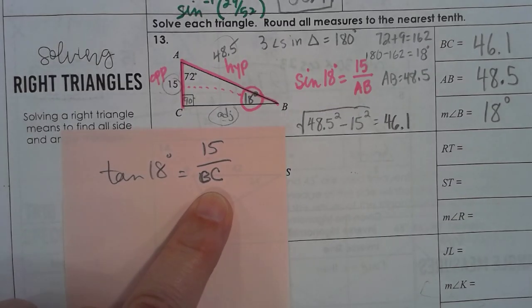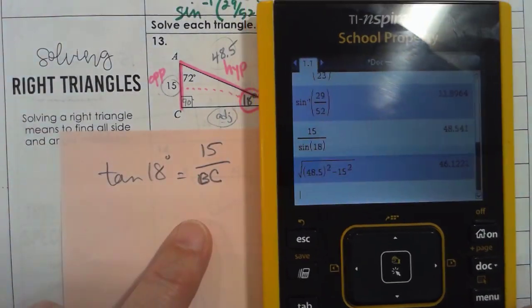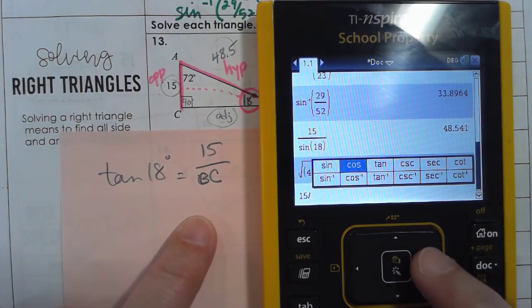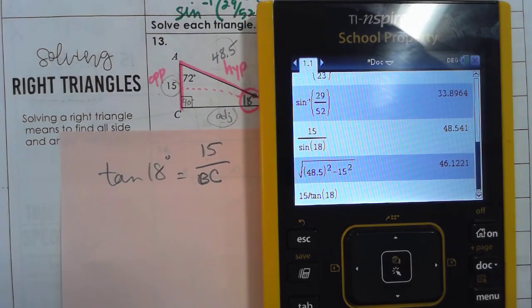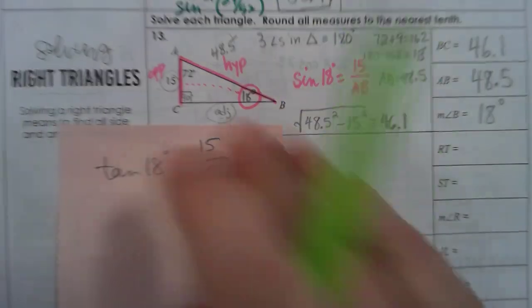What we're trying to find is on the bottom. So am I going to multiply or divide? Divide. 15 divided by tan 18. It should be 46.1. Yeah? See that same thing? Okay, so you got options.